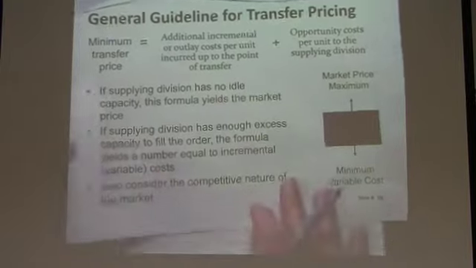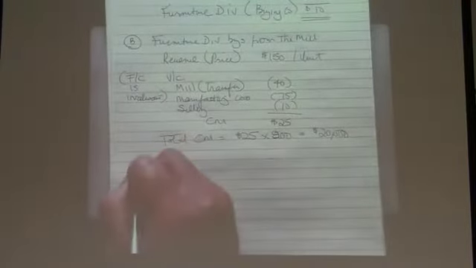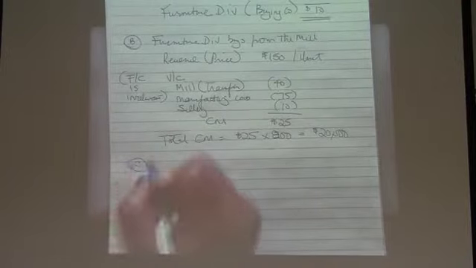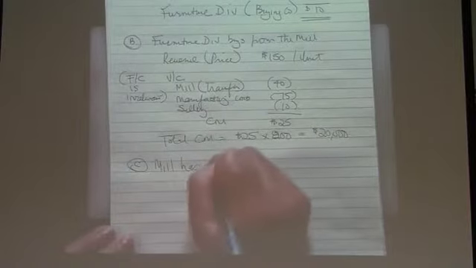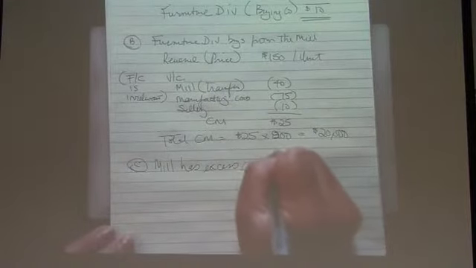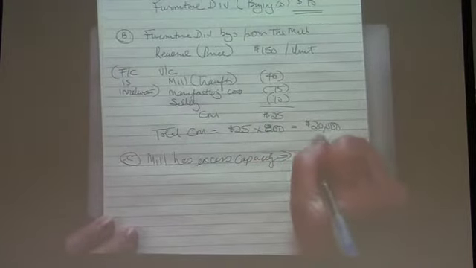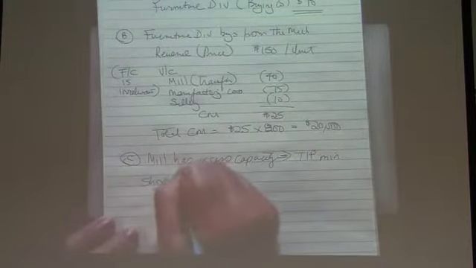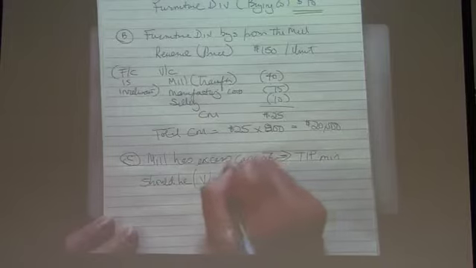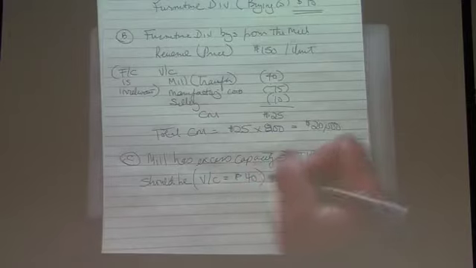Okay, so that's the theory. To go back to the question, if the mill has excess capacity, then the transfer price minimum should be variable cost, which is the $40.